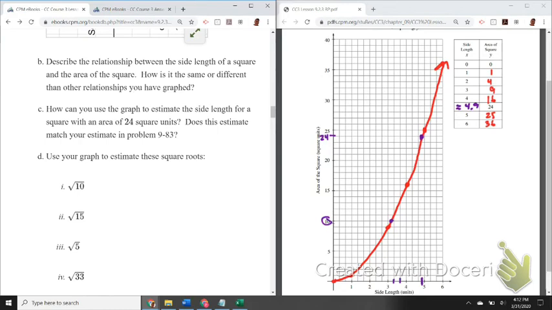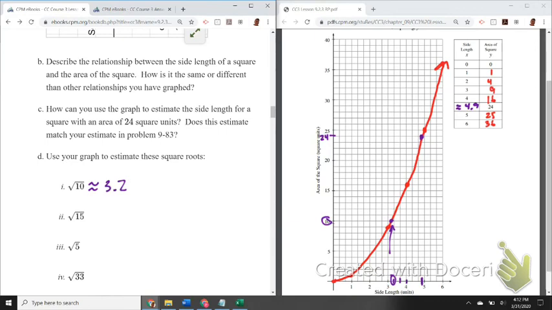This one would be 3 2/3, and then that would be 4. So if this one is 3 1/3, and my point is right there, I'd probably estimate that it's 3.15, 3.2, and it doesn't really matter. It's just an estimate, right? So I'd say about 3.2.